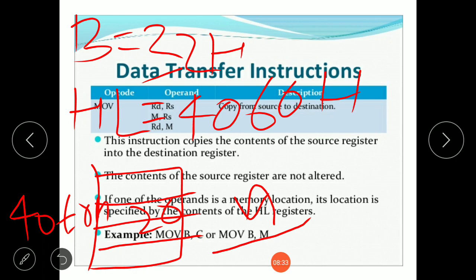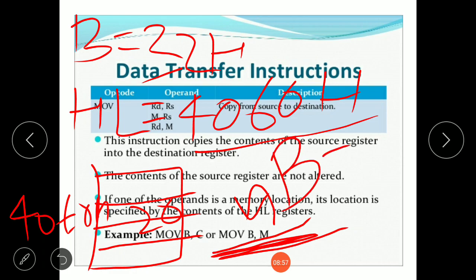Now after the execution of the instruction MOV B, M, what will happen? This instruction will store the content of the memory location which is specified by the HL register pair into the register B. So after execution of this instruction, the register B will get stored with 20H.